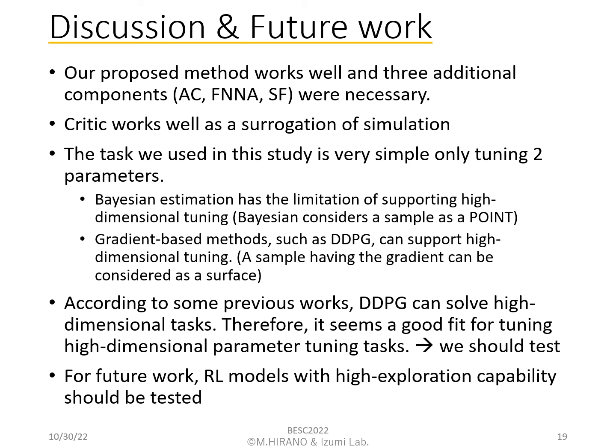On the other hand, the task we used in this study is very simple, only tuning two parameters. It is because Bayesian estimation has a limitation in supporting high-dimensional tuning. On the other hand, gradient-based methods such as DDPG can support high-dimensional tuning. According to some previous work, DDPG can solve high-dimensional tasks. Therefore, it seems a good fit for high-dimensional parameter tuning tasks.